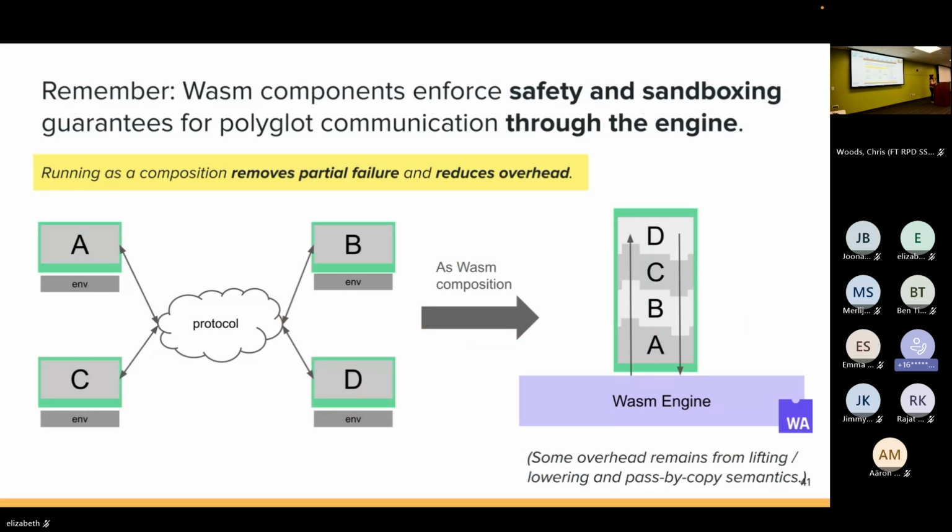It looks kind of like this, where you have this environment where many different units are communicating over some IPC protocol. But remember that WebAssembly can enforce this with in-process communication. So you can have these really nice guarantees, but you don't have to have the overhead of inter-process communication, and you remove the problem of partial failure.